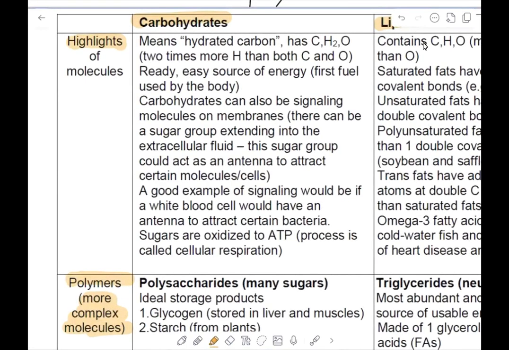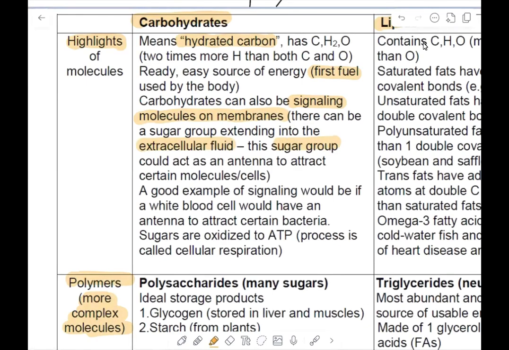So carbohydrates are hydrated carbons, which means hydrogens are added to them. And they're usually the first fuel used in the body. Carbohydrates can be signaling molecules on membranes, which you'll learn about in chapter 3. So you could have a sugar group extending into the extracellular fluid.